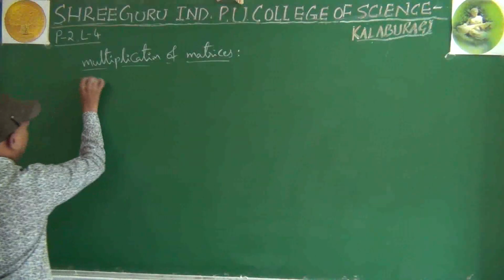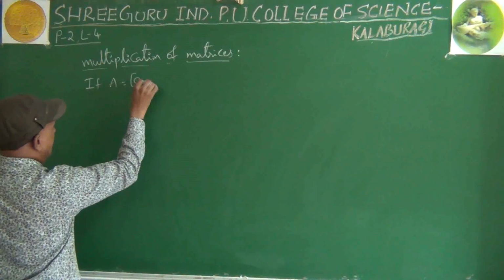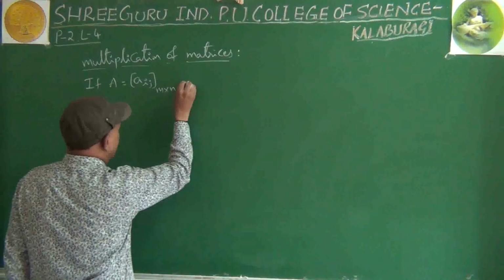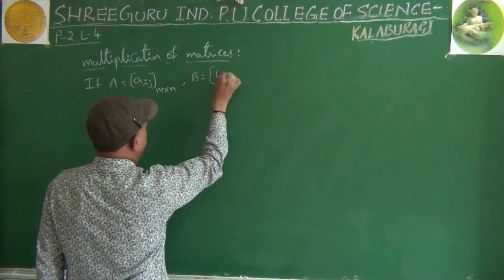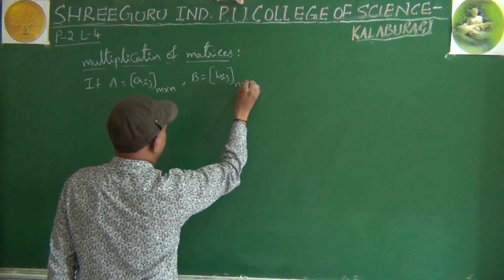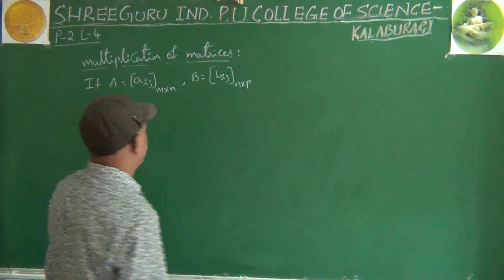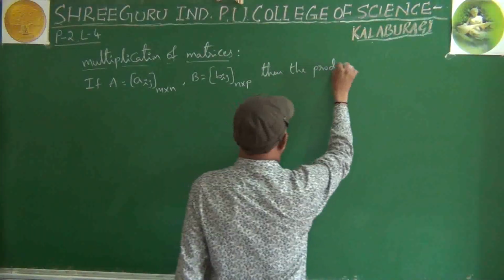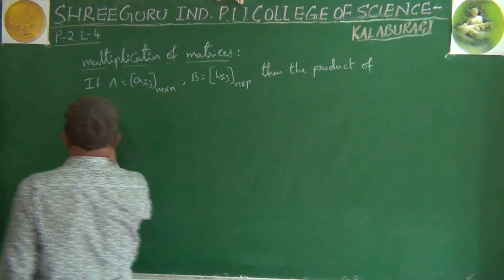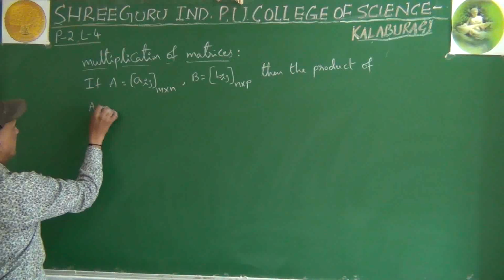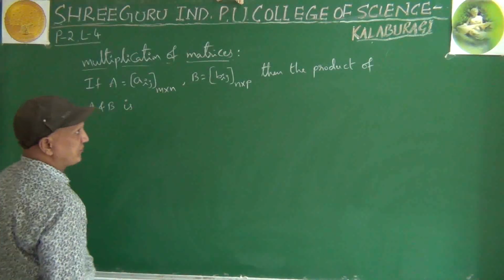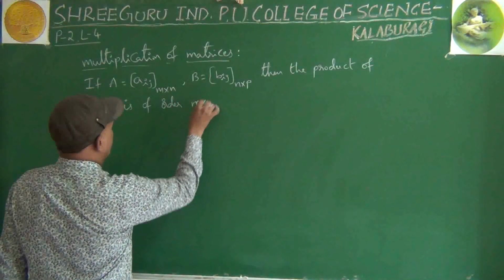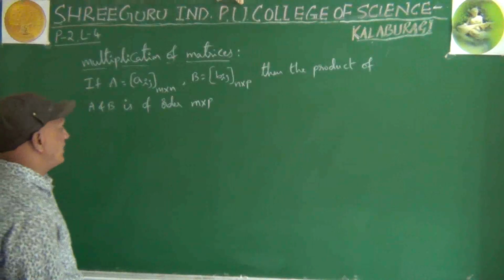If capital A equal to Aij, m by n, and capital B equal to Bij, n by p, then the product of A and B is of order m by p.